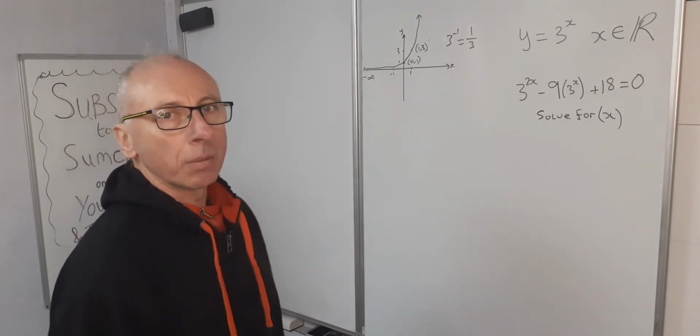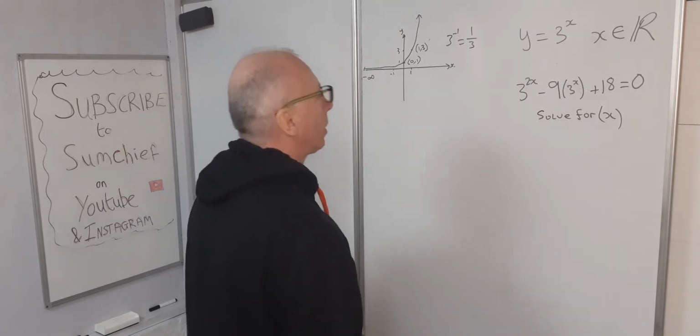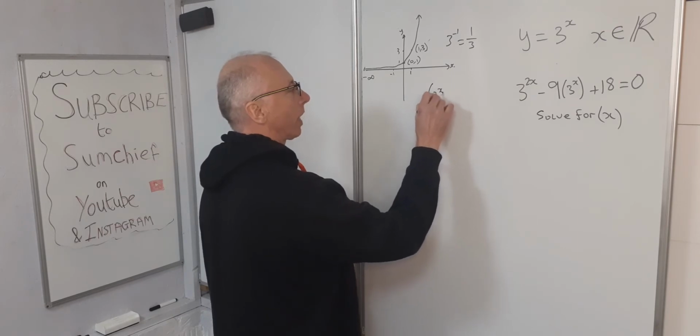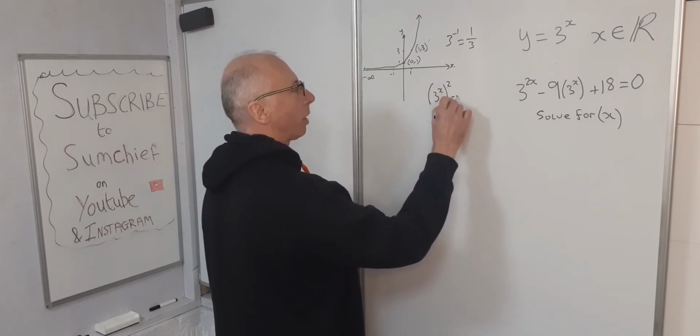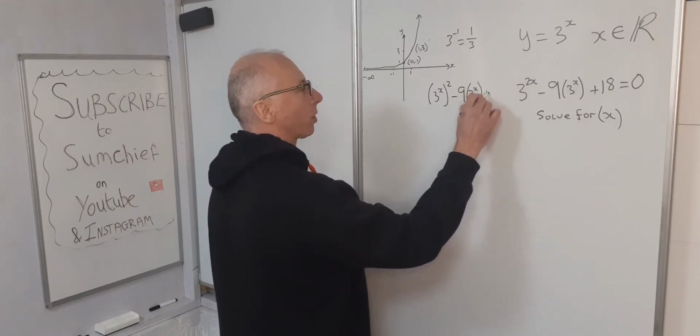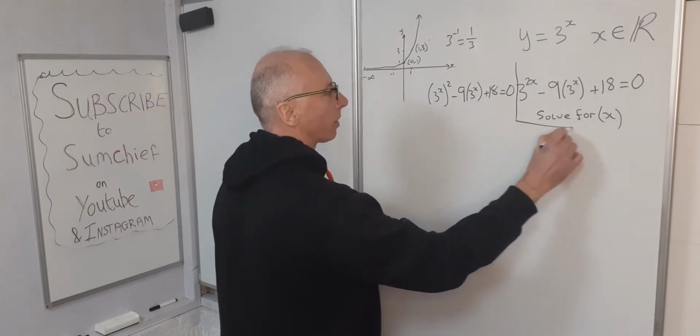So that looks to me like we've got a bit of a quadratic going on there. So let's just rewrite that just over here. So what we can say, that is (3 to the x) squared minus 9 times 3 to the x plus 18 equals 0. Just put a little line there just to keep that separate.